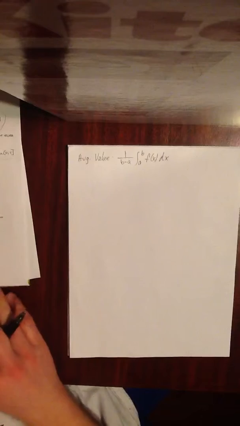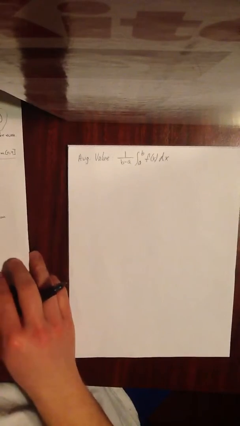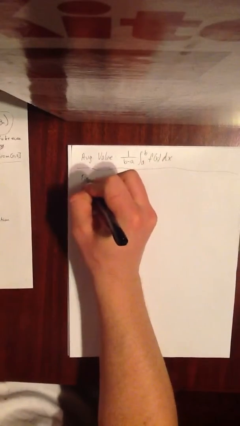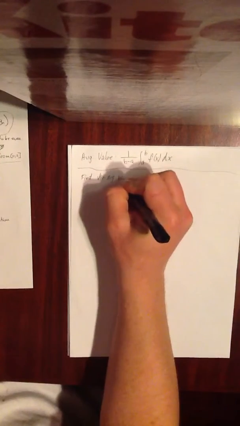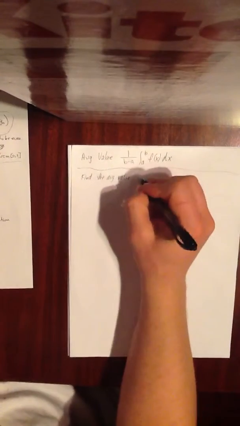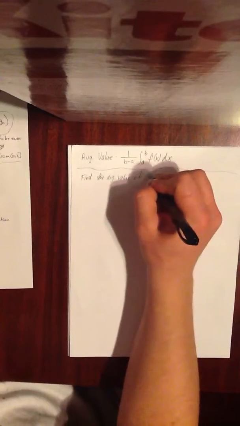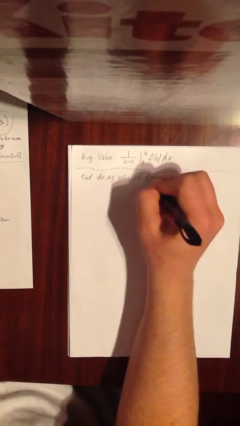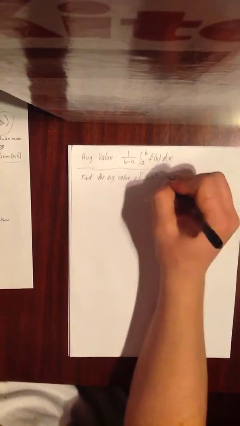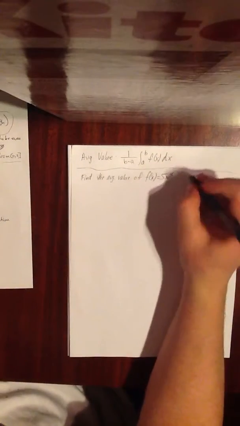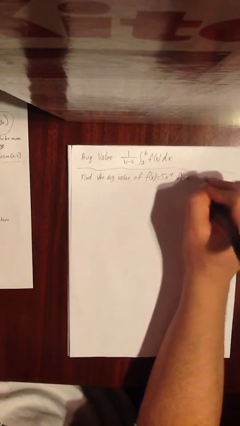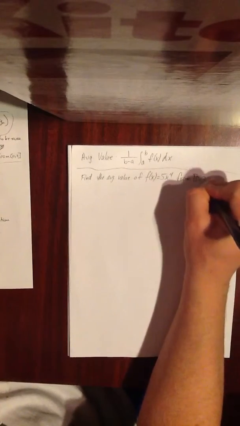Let's say we had, we'll just use that same last problem. Let's say the problem said to find the average value of the function, and the average value of that function from, we'll just go 0 to 2 again.